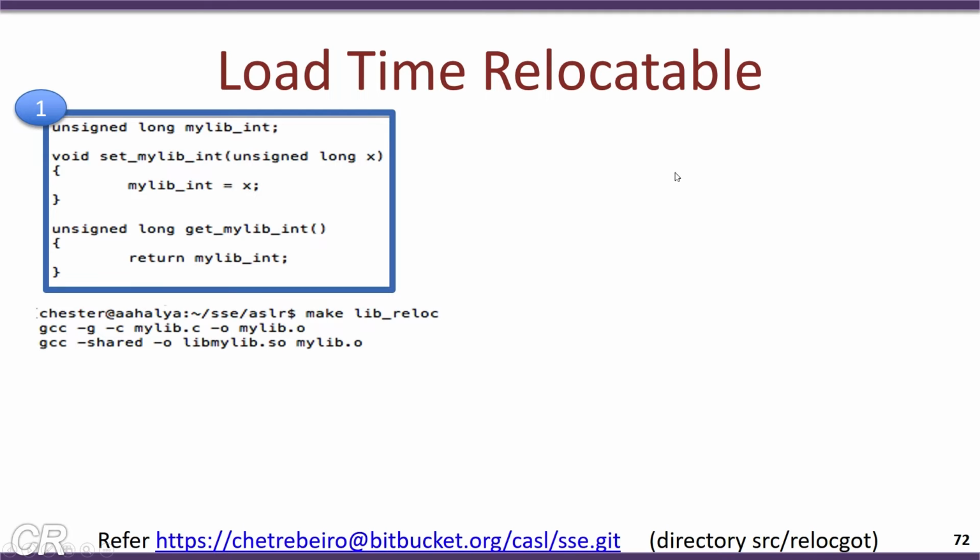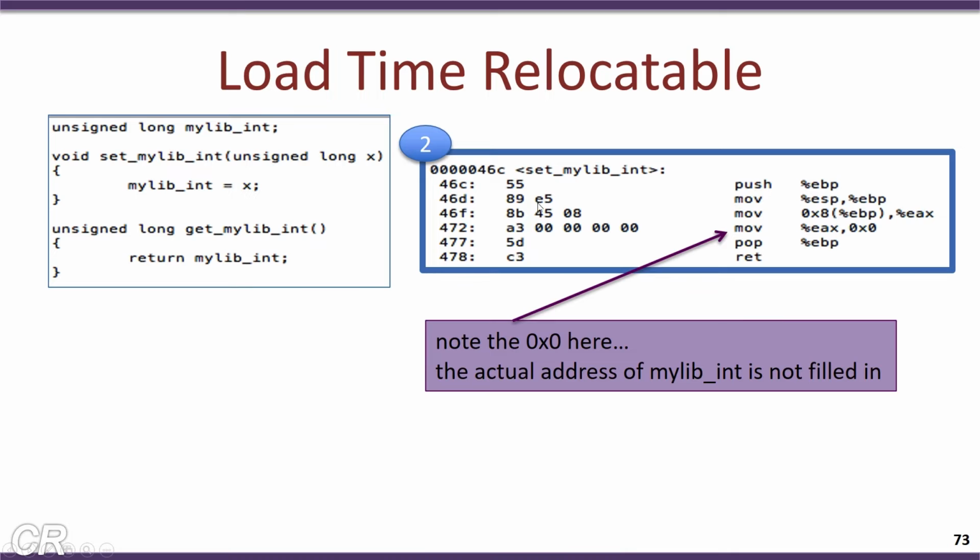To understand how load time relocatable code works, we disassemble this library using objdump, and we just evaluate one of these functions, which is set_mylib_int. As we see over here, these are the instructions for set_mylib_int, and the first two instructions create the stack frame for that function. The third instruction moves the contents of x, that is present in this location EBP plus 8, which is the argument to this function, to the EAX register.